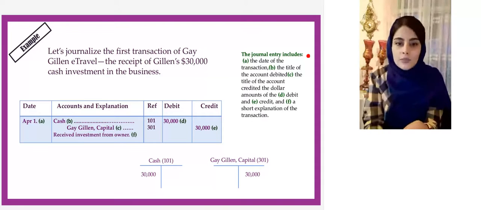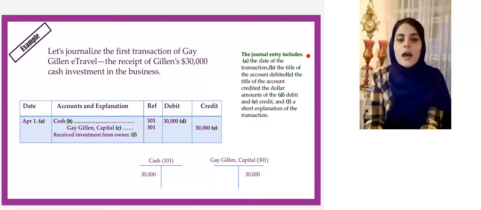As you see, the most important part of any journal entry is the post reference. Each account has a post reference, which is abbreviated to REF. For example, for cash, we use 101. The first digit shows that cash is an asset. This reference helps accounting software to manage assets, liabilities, and owner's equities better.